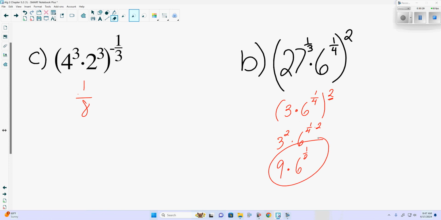Yes, this can be a little confusing at times because it seems like for some we're simplifying, some we're not. Some we're doing this, some we're not. And essentially, depending on which one you see first, go with it.